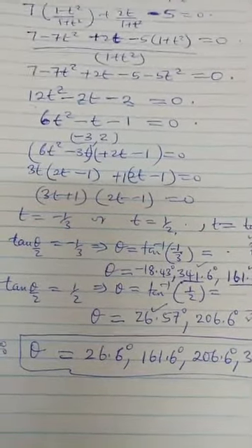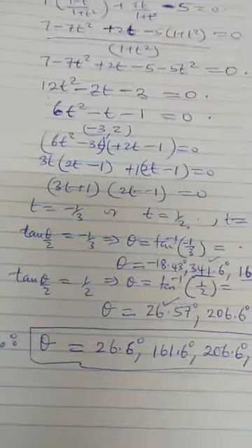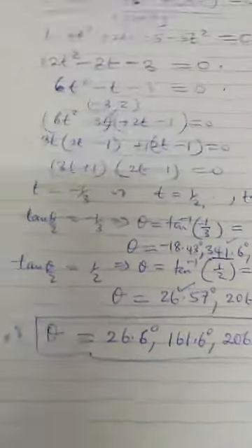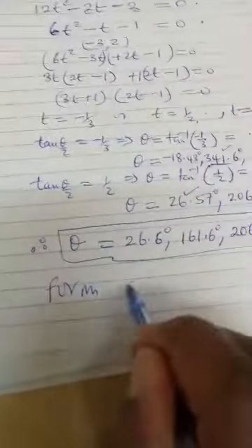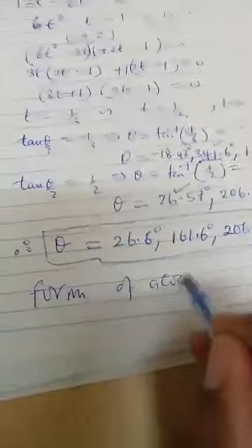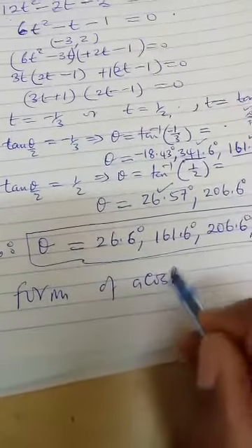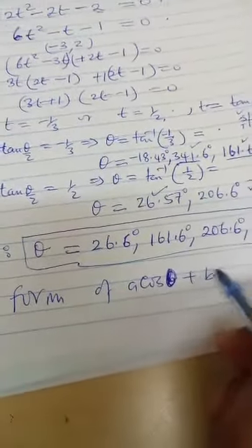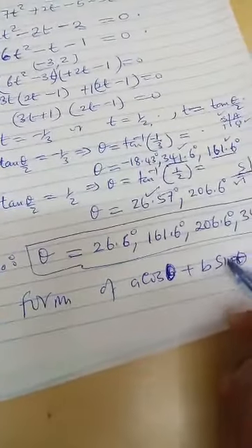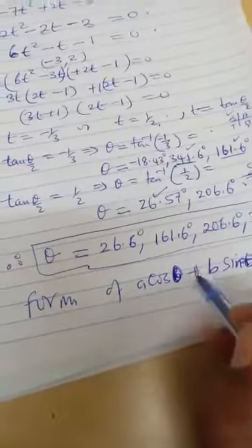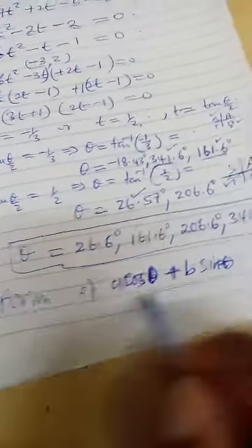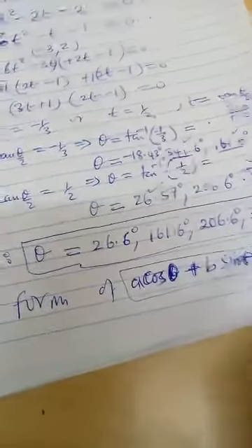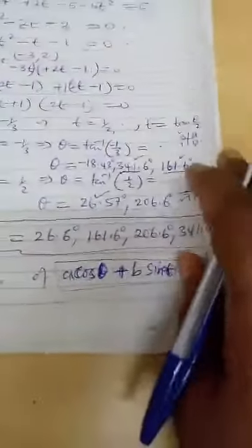Do not use that formula that is discussed as the form of A cos theta plus B sin theta. We shall be discussing this tomorrow before we forget. So tomorrow we shall continue with this.